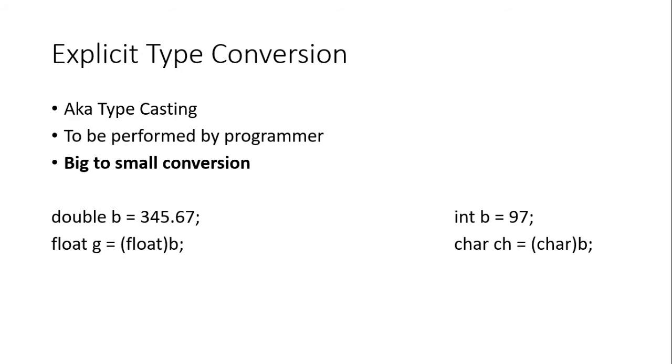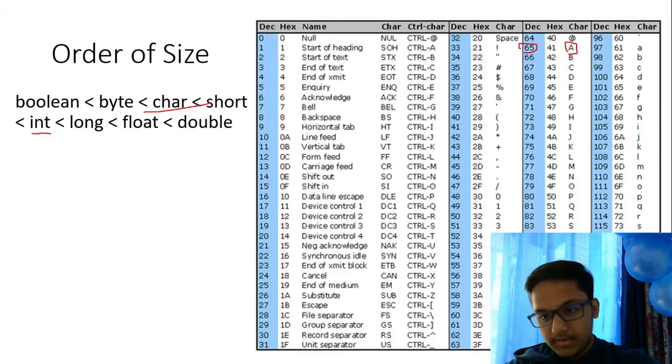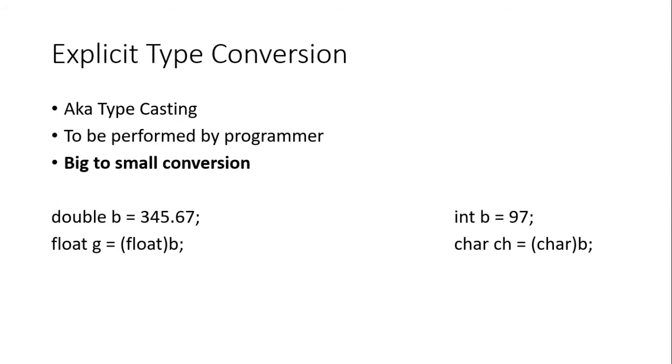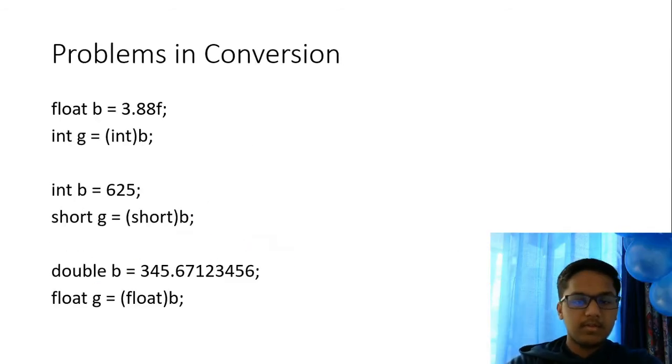We know that the 97 Unicode character is actually small a. So char ch will store small a, because this particular 97 is the Unicode character of small a, which gets converted to char. So these are the case examples of explicit type conversion.